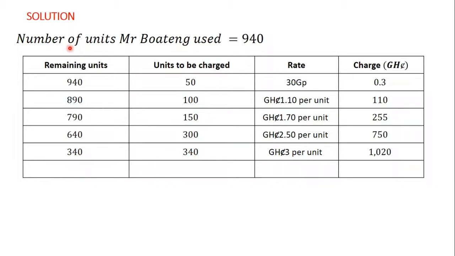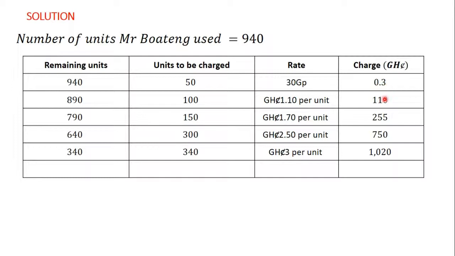So we have exhausted the number of units used by Mr. Boateng, meaning that if we add what we have under the charge column together, we are going to get the amount of money Mr. Boateng paid for using 940 units of electricity.